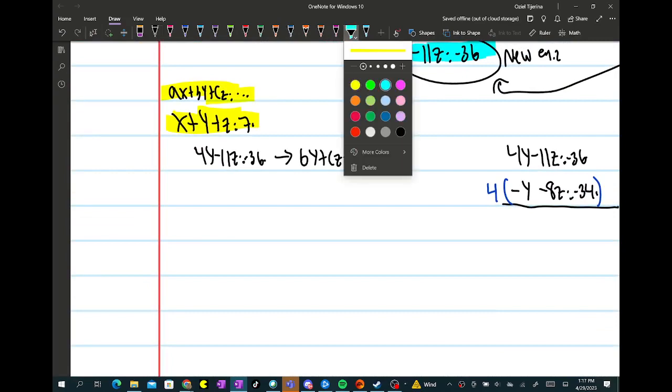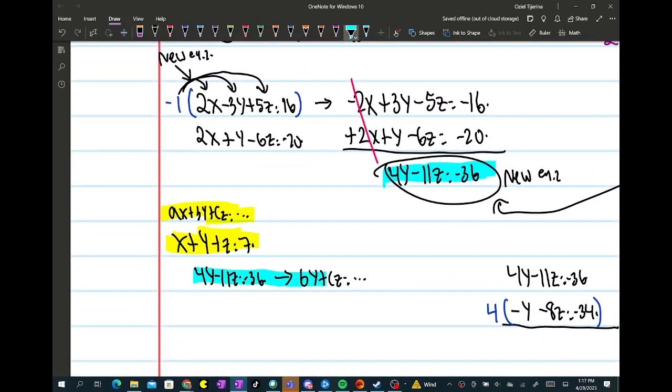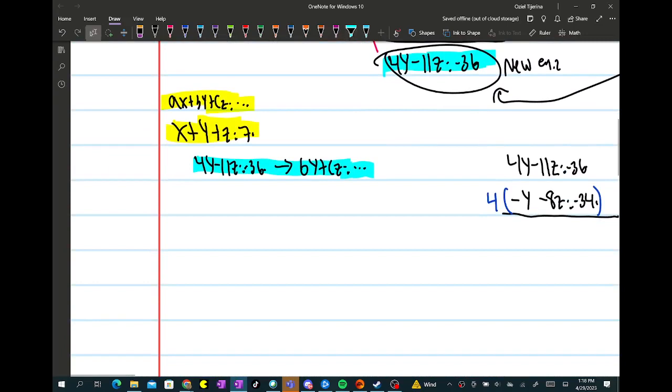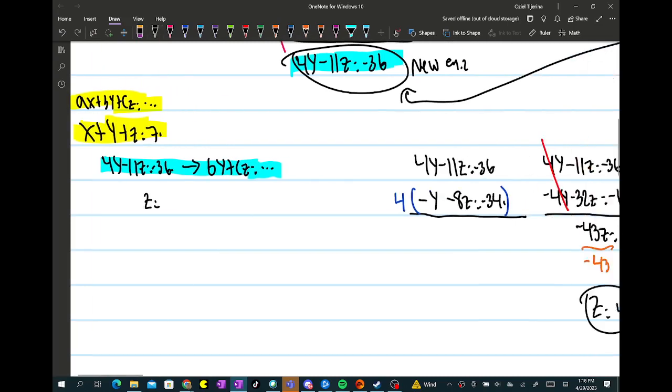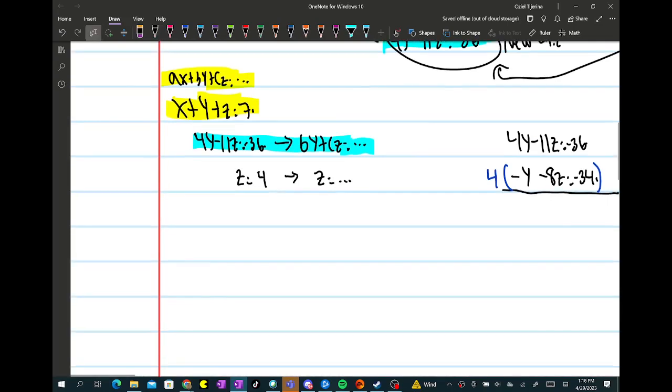That was this one over here. I have it on that form now. And then finally I have my z equals 4. So that was basically what I was saying about z equals dot dot dot. Now it looks like a triangle in a way, right? It's not perfect, but you can kind of see the shape that it forms.